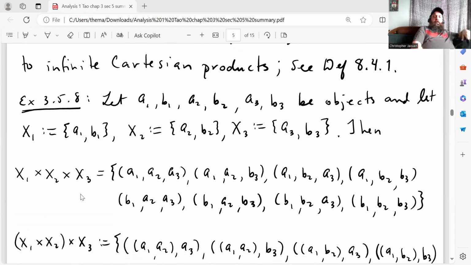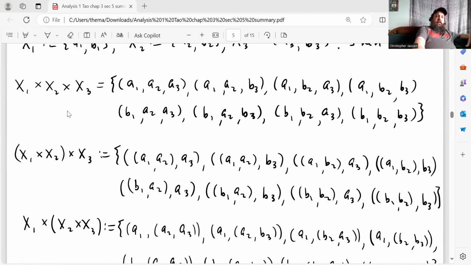Okay, example 3.5.8. Let's say that we have these objects A1, B1, A2, B2, A3, B3, and let X1 be the pair set containing A1, B1, X2 the pair set containing A2, B2, X3 the pair set containing A3, B3. Then we can take the triple Cartesian product, X1 times X2 times X3.